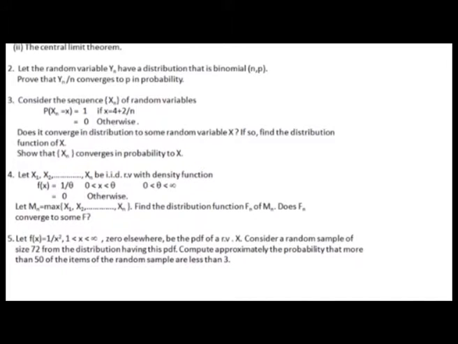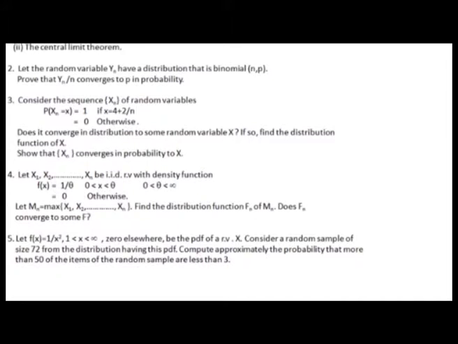Yes, it will. We will not talk much about it, because the second part is a little difficult, but you can certainly see that F_n will converge to some F. Finding the distribution function F_n of M_n can be done through the tools you have already learned. You have to say probability M_n less than or equal to t.